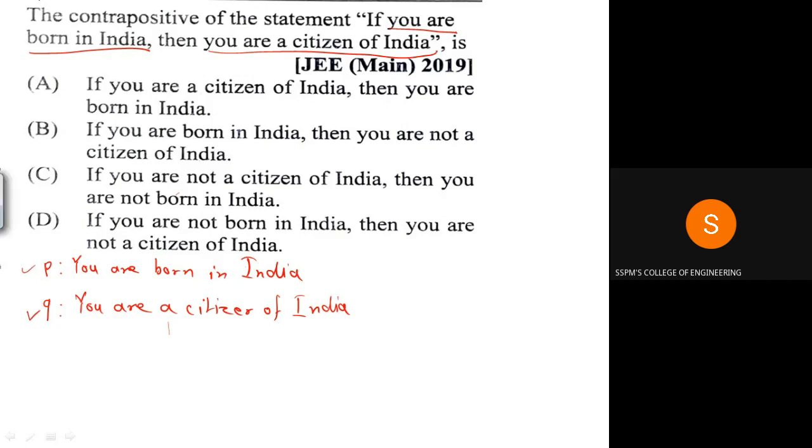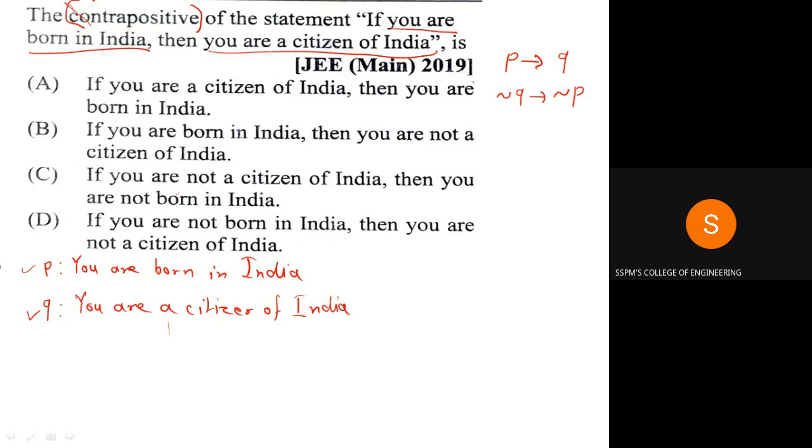And what do we have to find? We have to find the contrapositive. We have already seen how to find the contrapositive. If the statement given is in the form P implies Q, then the contrapositive of that statement is negation of Q implies negation of P. That is the way to find the contrapositive of any statement.